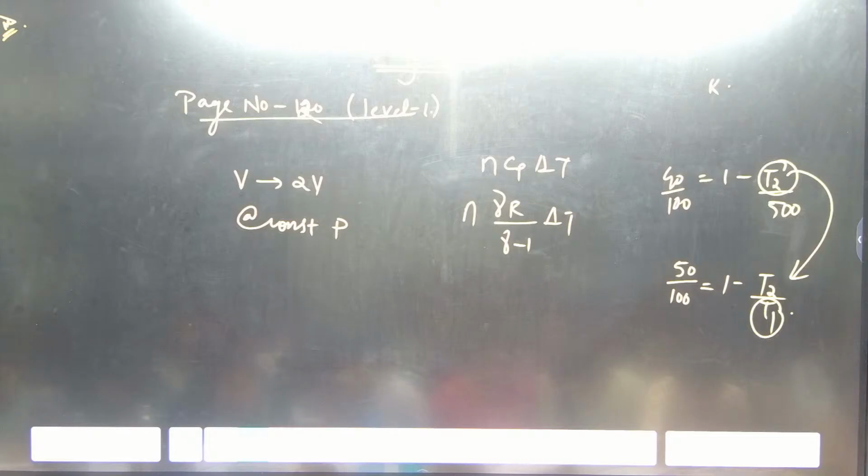So what is the answer for the fifth one? So the fourth one is 600 and the fifth one is 150.